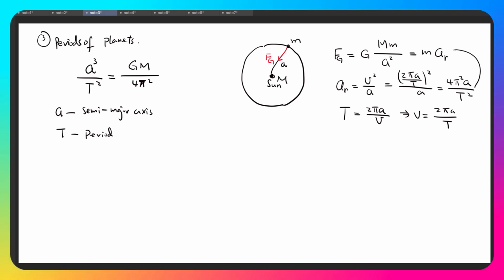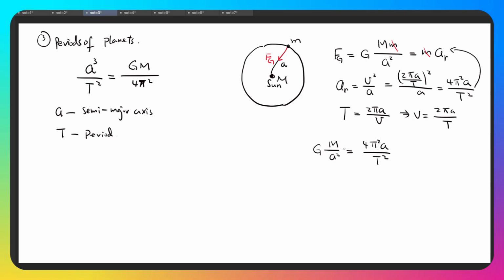Now let's plug this into the first equation and see what we get. While we're doing that, we get rid of little m. So we have G capital M over A squared equals a_R, which is 4 pi squared A over T squared.